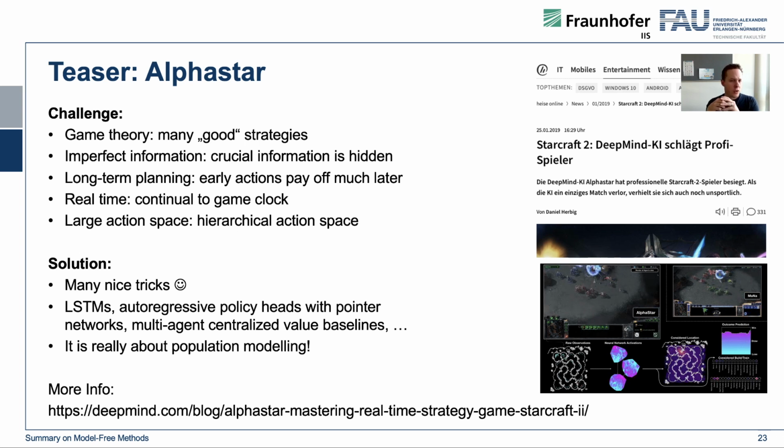We will talk about long-term planning where early actions pay off much later. This is something we did not yet look into: early actions cost you maybe a little bit, and the payoff for such early actions is really far in the future. And where we have really large state and action spaces.